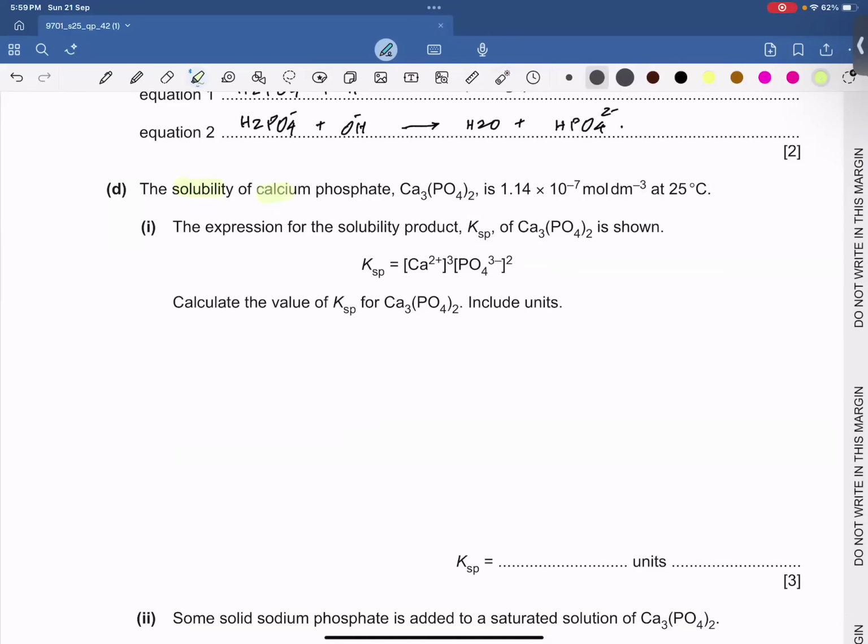The solubility of calcium phosphate is 1.14 into 10 to the power minus 7 mole per dm cube at 25 degrees Celsius. The expression for the solubility product of calcium phosphate is shown. Calculate the value of the Ksp for this compound, including the units. So the concentration of calcium phosphate is given. So let me write down the equation first.